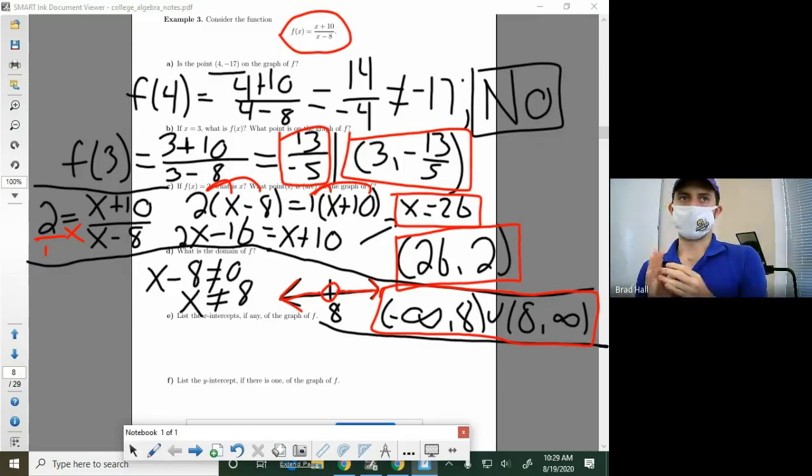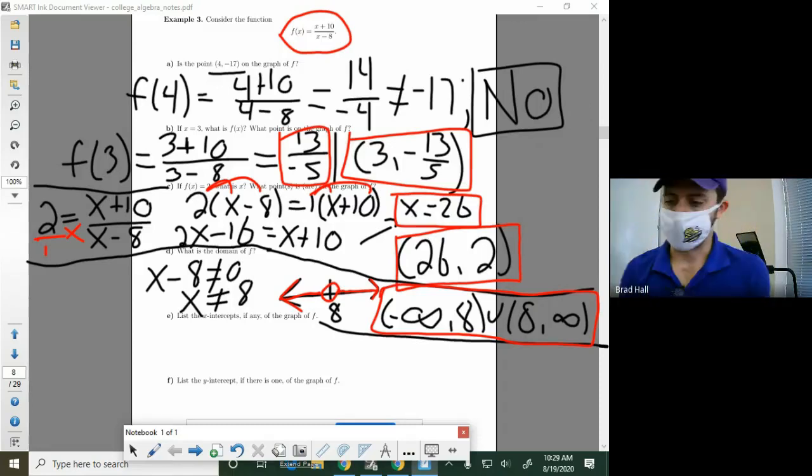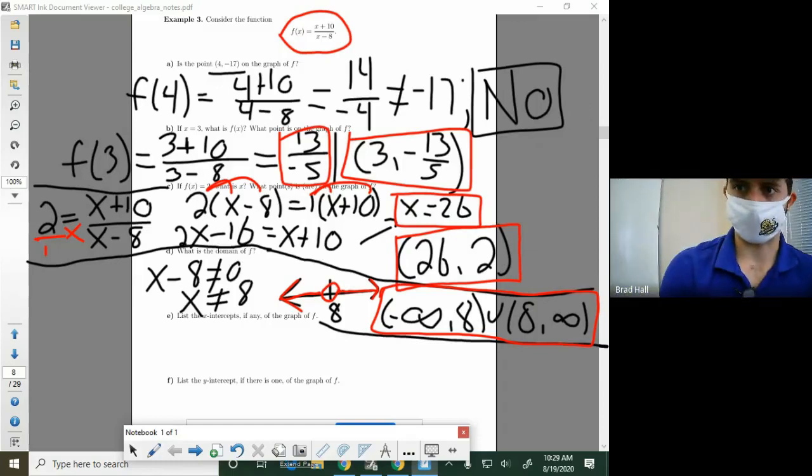So one of these associations that I've been saying off to the side was with an x-intercept, you set y equal to 0, and you solve for x. So if you see x-intercept, you should think set y equal to 0 and solve for x.